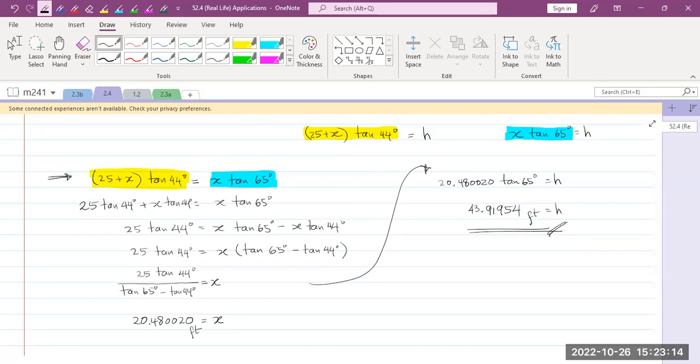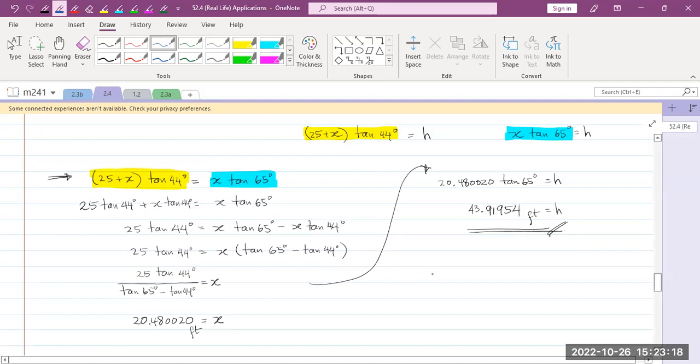Okay. If you want the exact value, just keep that x, multiply right away by tangent 65 degrees. Okay, 25 tangent 44 degrees multiplied by tangent 65 degrees over tangent 65 degrees minus tangent 44 degrees. That equals the height.